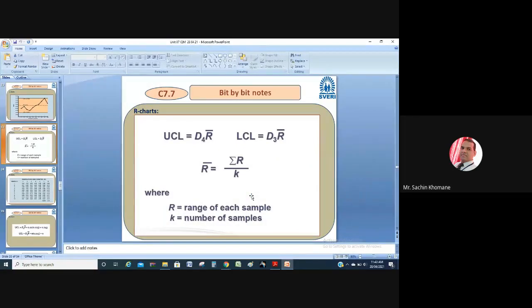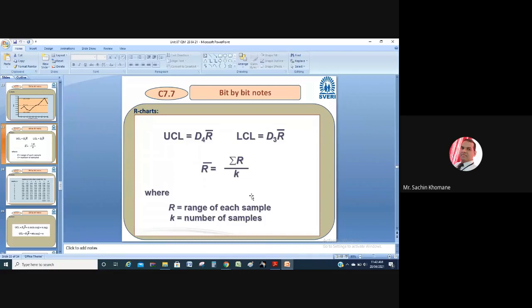We saw the theoretical part of the R chart yesterday. So how to calculate the UCL in an R chart? UCL and LCL are important here, and R bar is obviously the center line: summation of R divided by K. We recently saw this for the X chart.